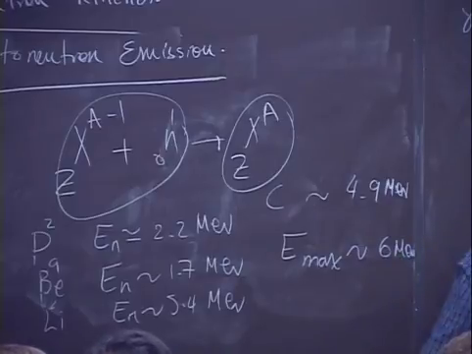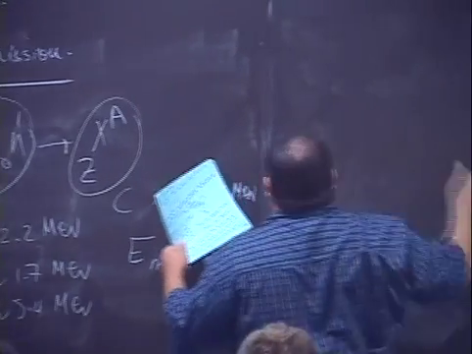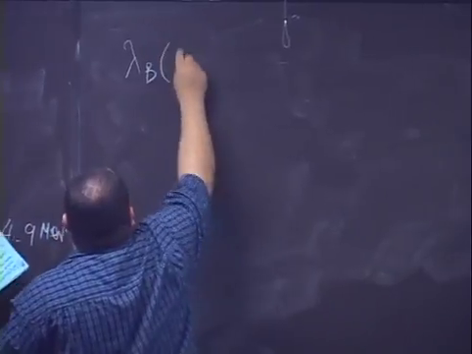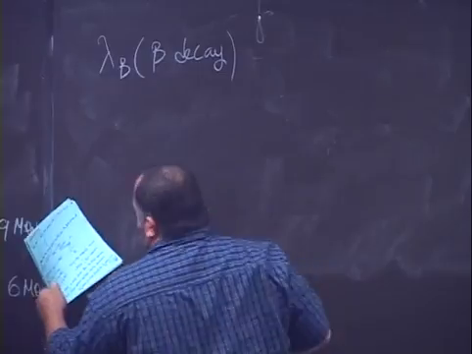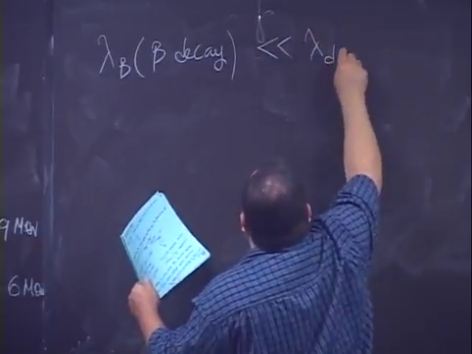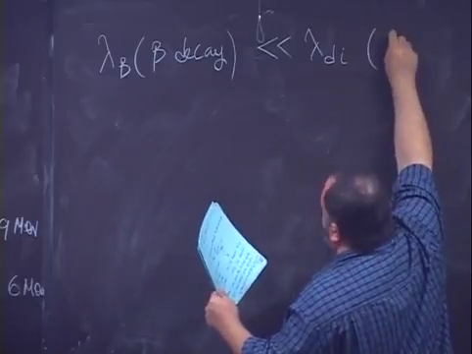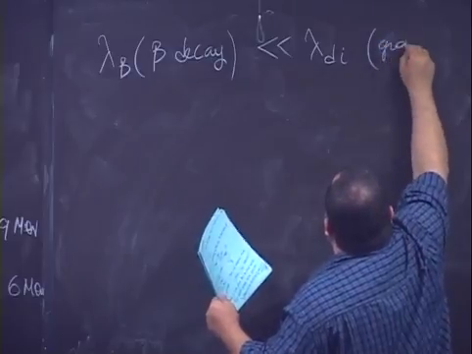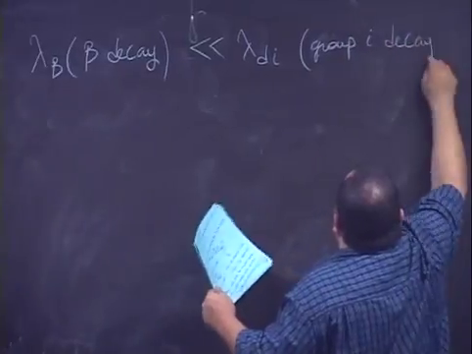This process is slower than the decay for the delayed neutron in group i. So this is the decay constant, group i decay constant.